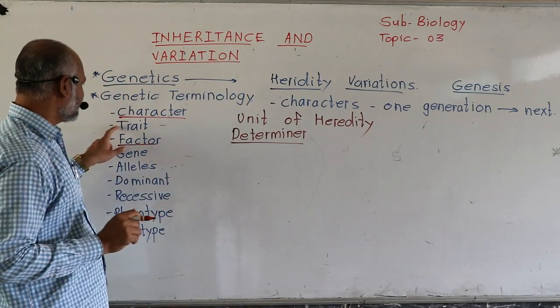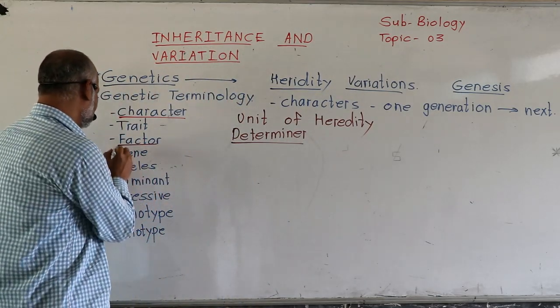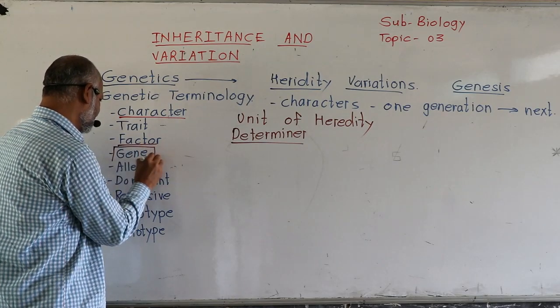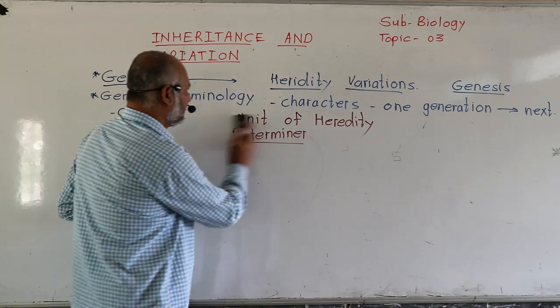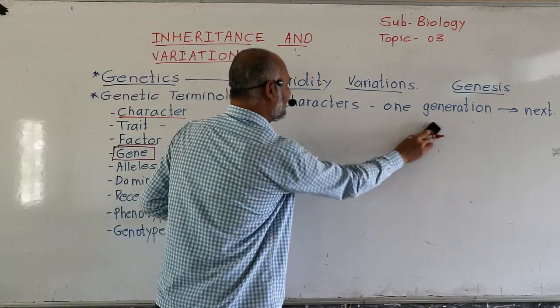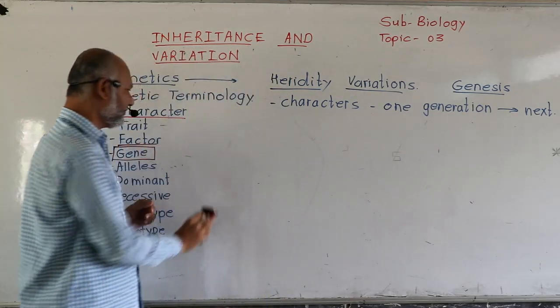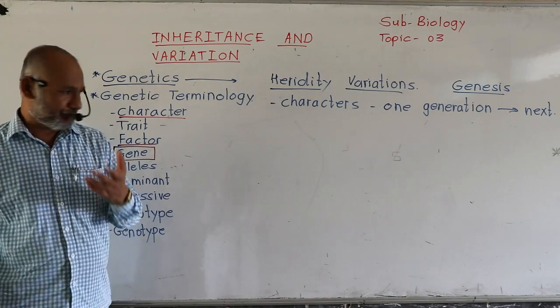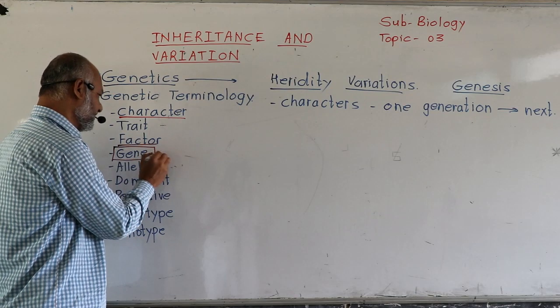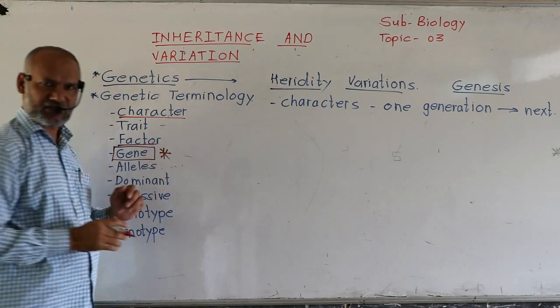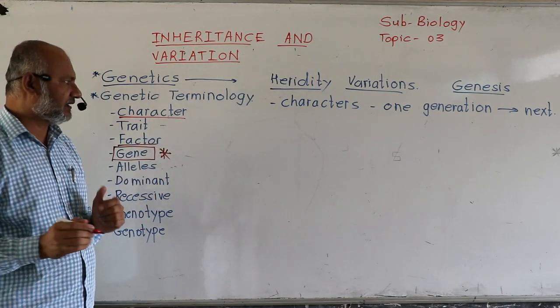Okay, character, trait, factor, and now the most important term, that is the gene. According to Mendel, in pea plant, the characters are controlled by factors, but now we know that this factor is actually gene. And now what is gene?